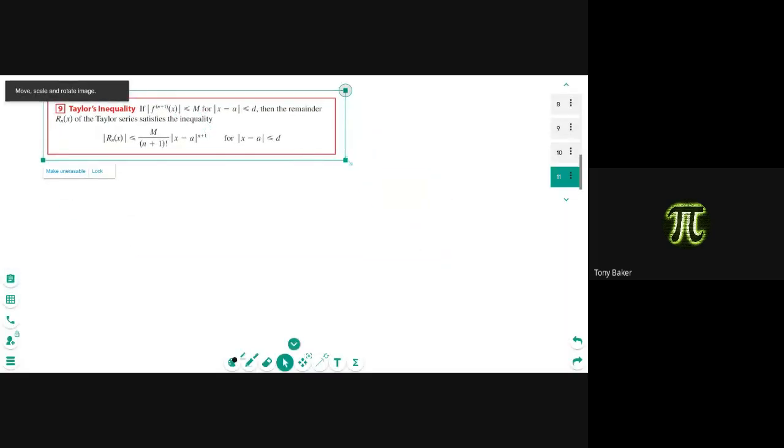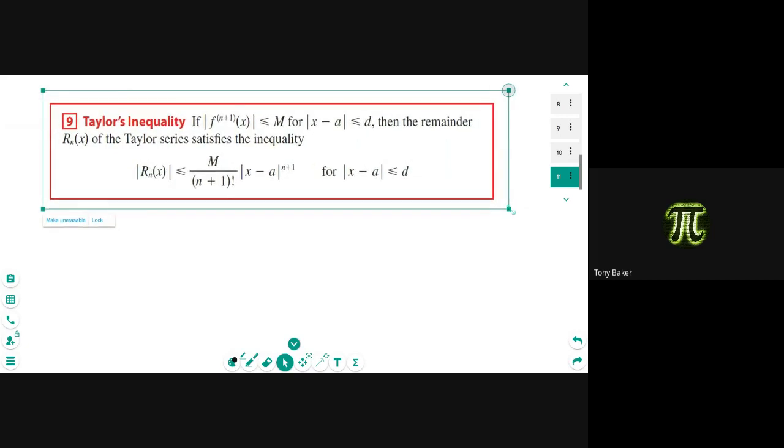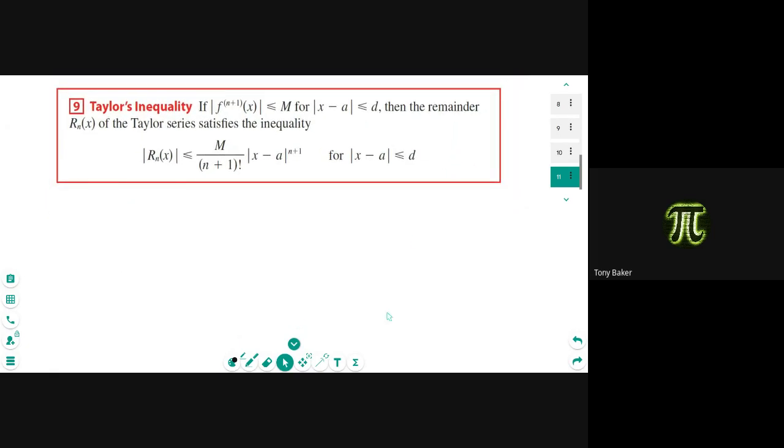Taylor's inequality. What Taylor's inequality gives us is it allows us to figure out how accurate the answer is going to be. It'll also allow us to figure out which value we need to be accurate within a certain number of decimal places. Okay.